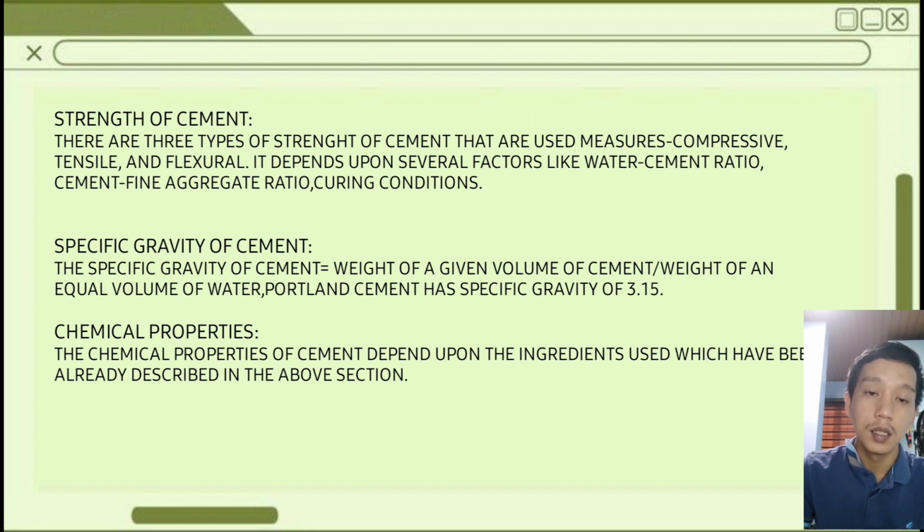Since ang mixing is based on weigh batching, no, so also the dense cement offers greater strength and less void when turned into concrete. So that's all for the properties of cement.